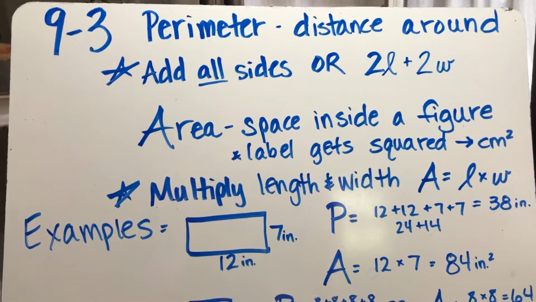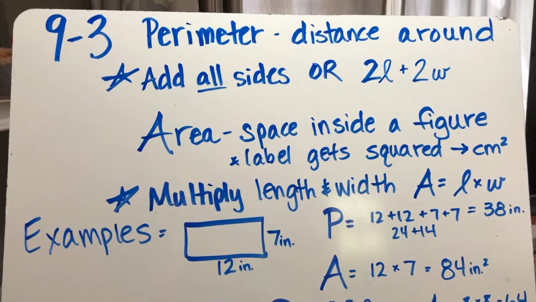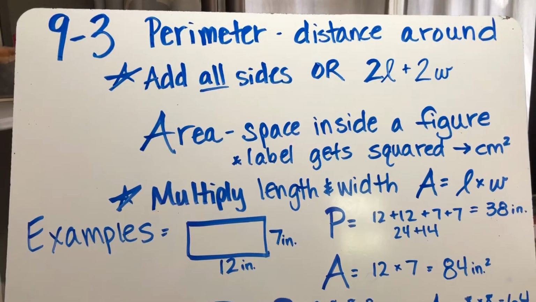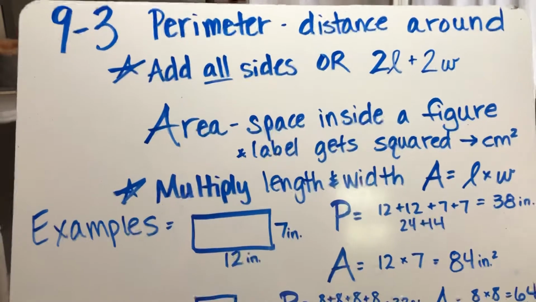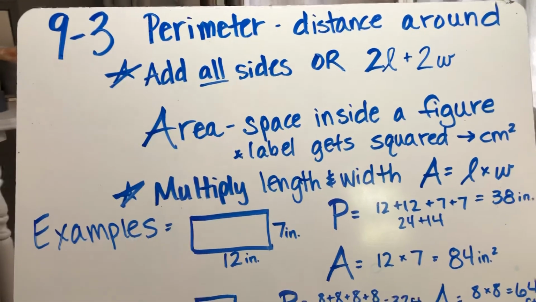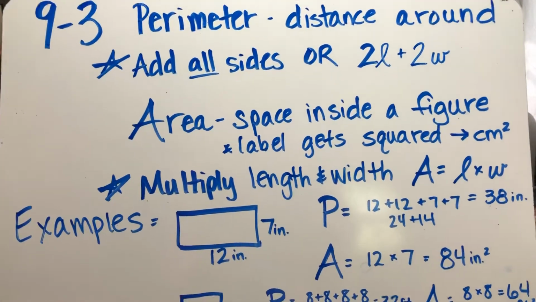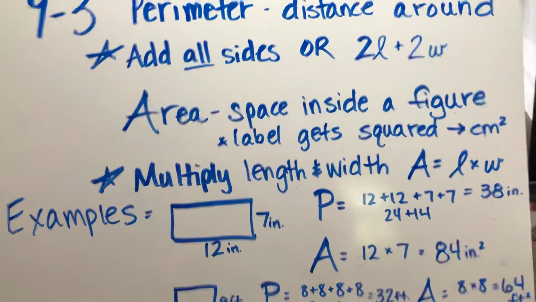For perimeter, you just simply add all the sides. Or the shortcut would be to say, I need to take 2 of the length and 2 of the width, and I add them together. I went with your book on page 426 and was showing the perimeter formula with L and W, or the way that they put it in italics. Area, the space inside.